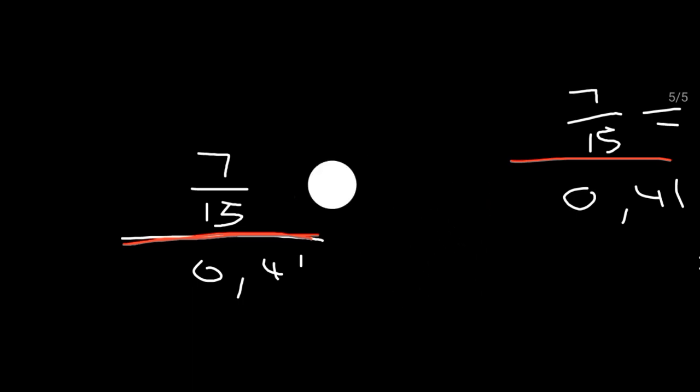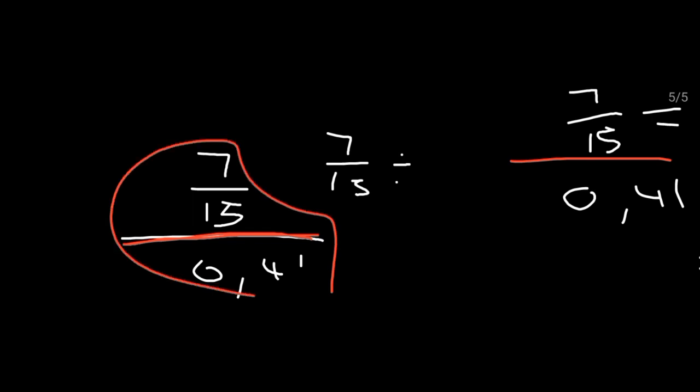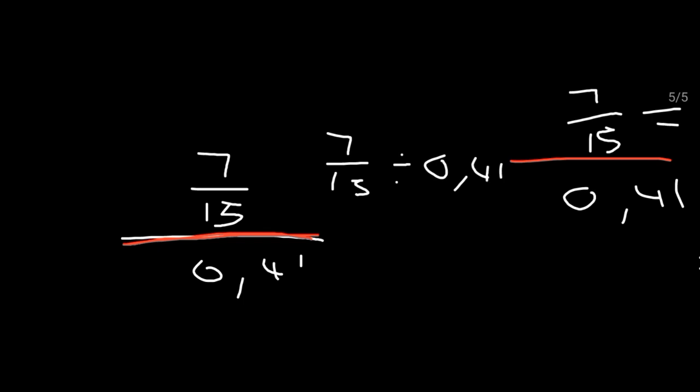So in a situation like this, on your calculator you can do it like this. You can enter 7/15 as a fraction, then use the divide sign instead of doing a fraction. On the answer sheet you can write it the fraction way, yes, but on the calculator, to avoid mistakes, write 7/15 divided by 0.41, so that you are sure you get the correct answer.